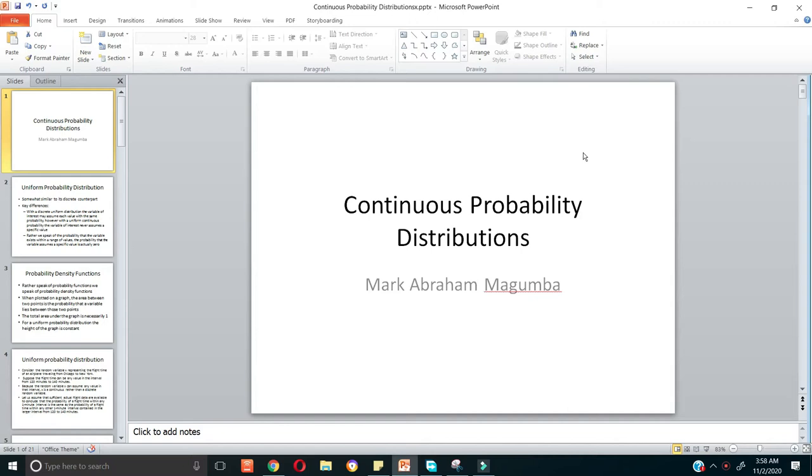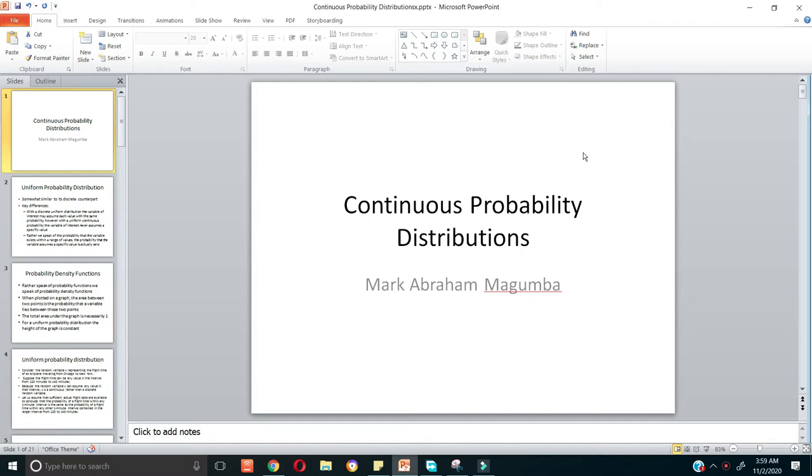And you can normally enumerate all these values by using counting rules, like combinations that we have seen with the hypergeometric and the binomial distributions, and even the uniform distributions.